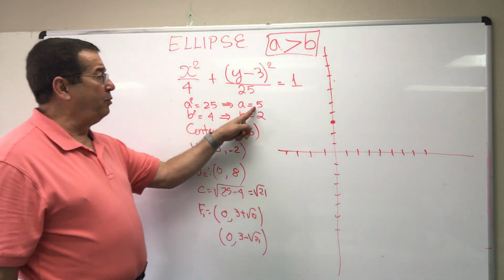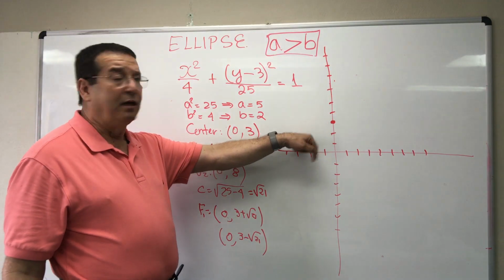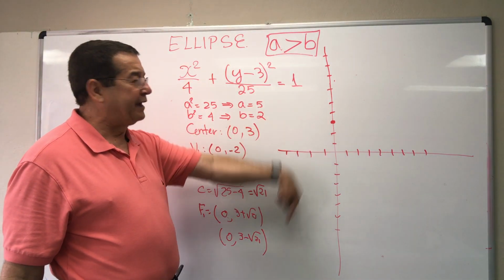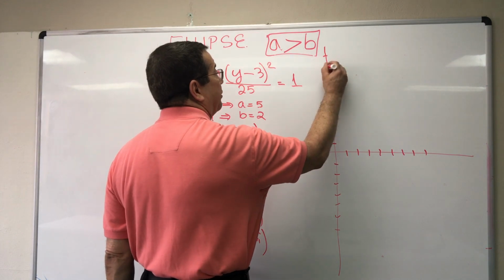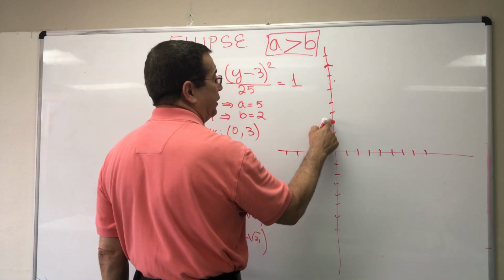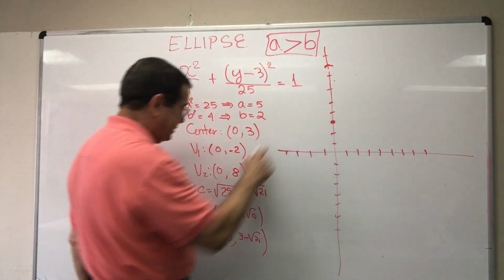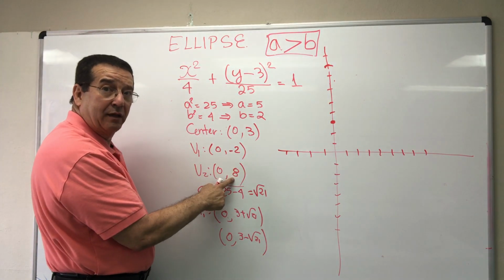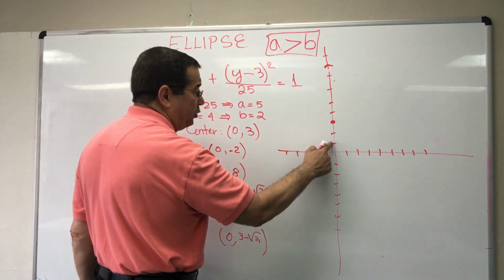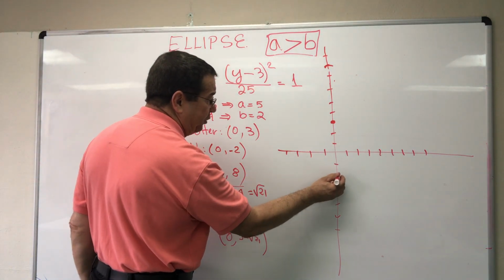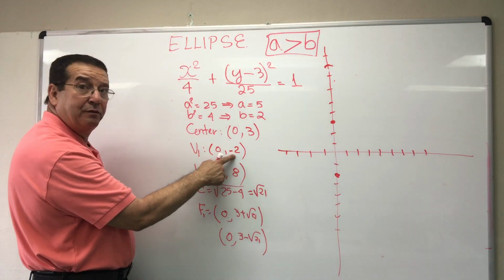Now, remember, I'm going to move 5 because it's vertical. 5 up and 5 down. 1, 2, 3, 4, 5 is here. And you find this 1, 2, 3, 4, 5, 6, 7, 8. This is the value 8. Okay? And now from this you move 5 down. 1, 2, 3, 4, 5 is negative 2. That's the value here, negative 2.